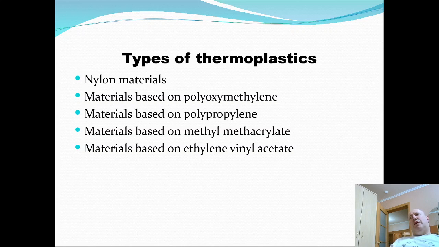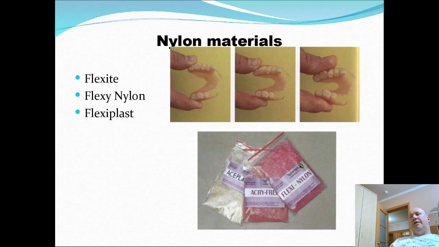Materials based on polypropylene. Then methyl methacrylate and ethylene vinyl acetate. Nylon materials: Flexite, Flexinylon, Flexipaste, very widespread, especially those made in Israel or in Holland, in the Netherlands.